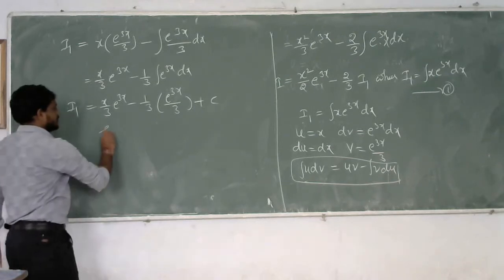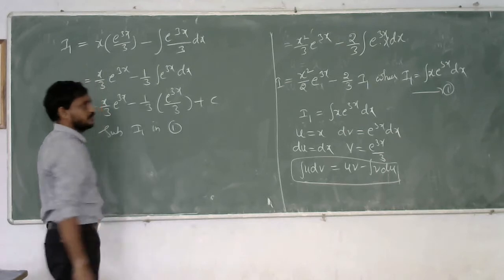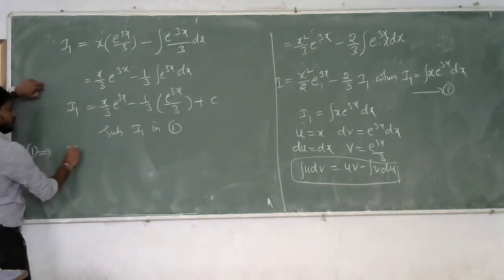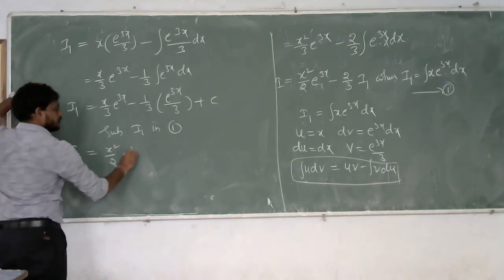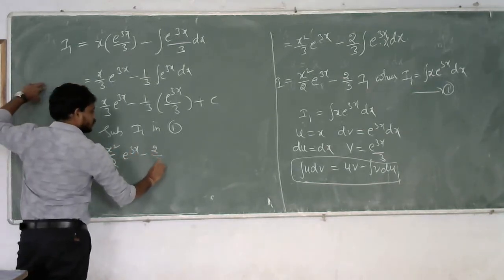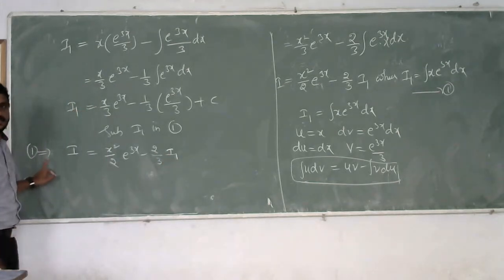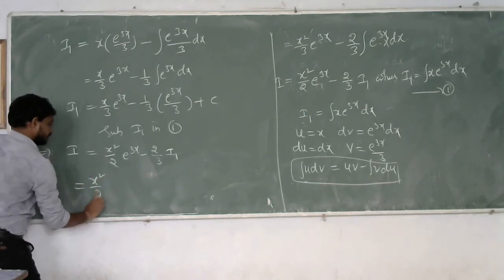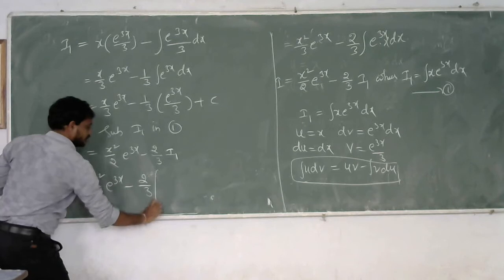Okay. Now substitute this I1 in equation number 1. Equation number 1 is I equals x square by 2 e power of 3x minus 2 by 3 into I1. So let us substitute this I1 value: x square by 2 into e power of 3x minus 2 by 3 into I1.